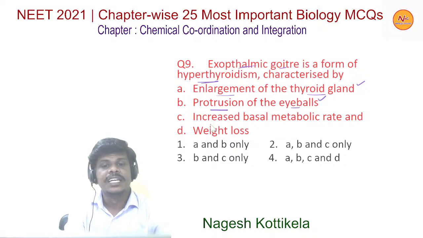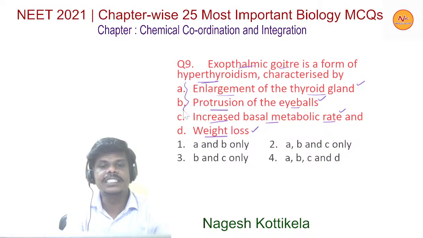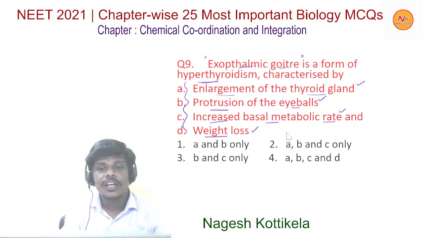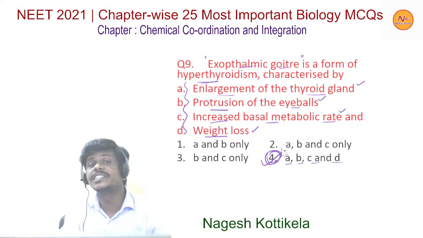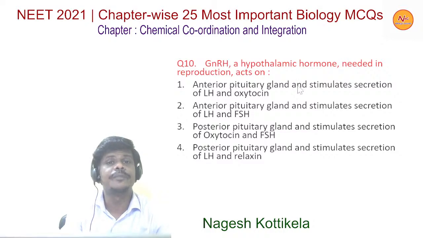Now the third, C, increased basal metabolic rate, yes, and D, weight loss, yes, all these are the characteristics of the disease condition exophthalmic goiter. So here option 4, A, B, C and D, this option is the most appropriate option. Now moving to the next question, that is question number 10.